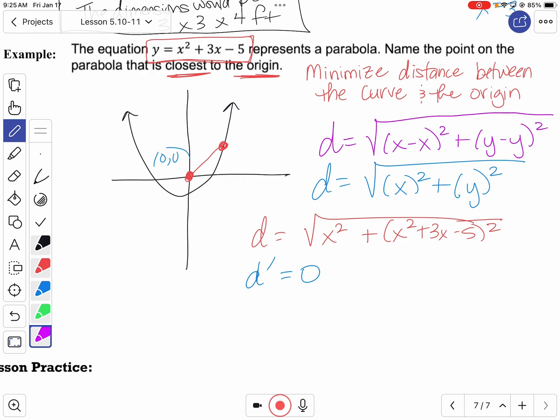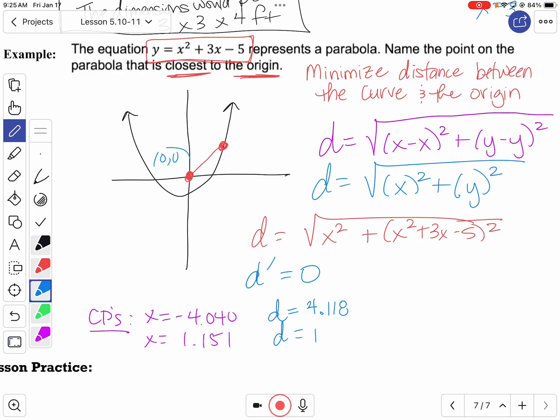Okay. So our critical points, using our calculator, were at x equals -4.040 and at 1.151. Then we got our distance. That's what we plugged into the actual distance equation. We got 4.118 and 1.172. So this was my minimum distance.